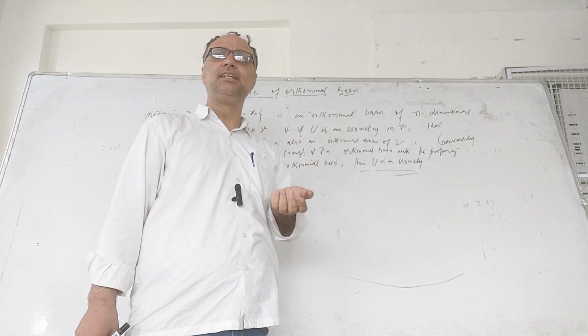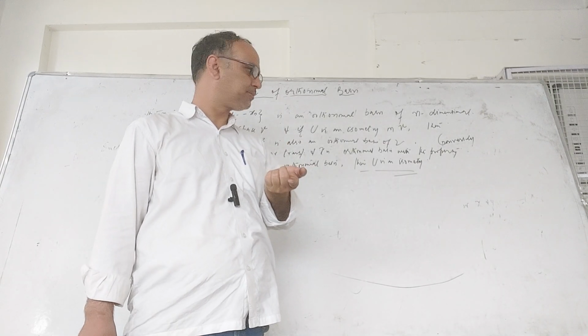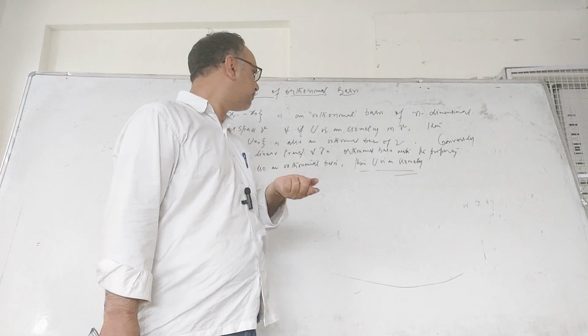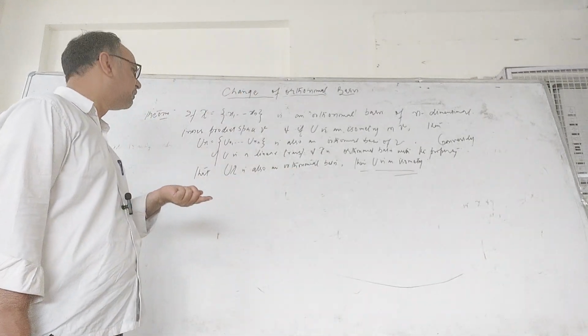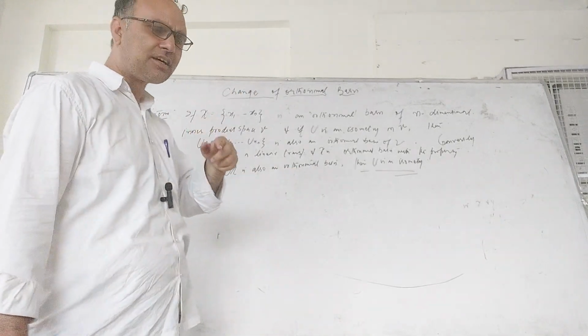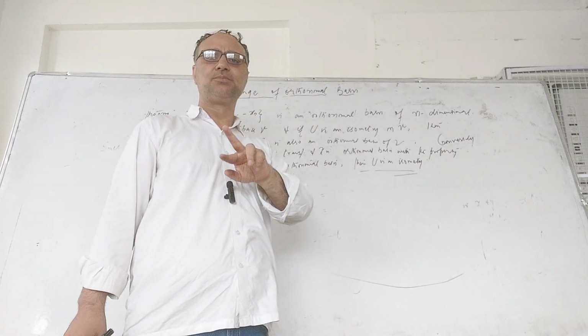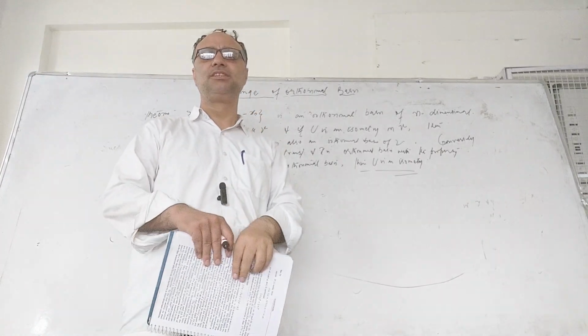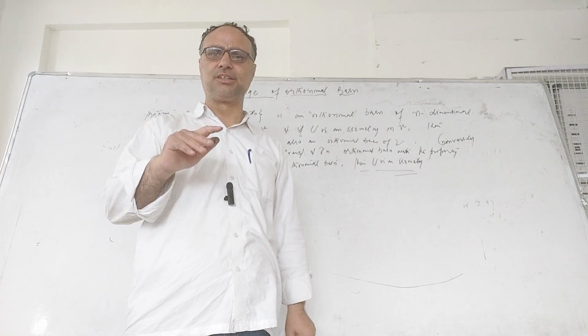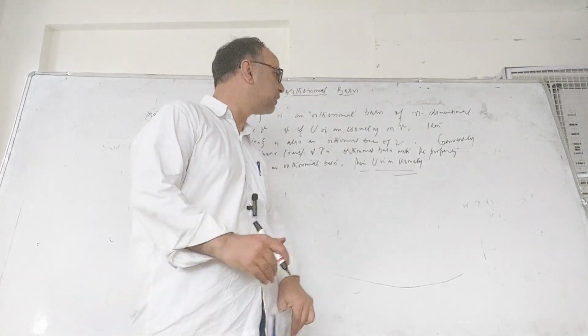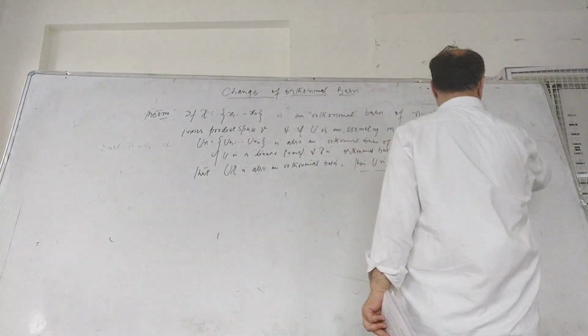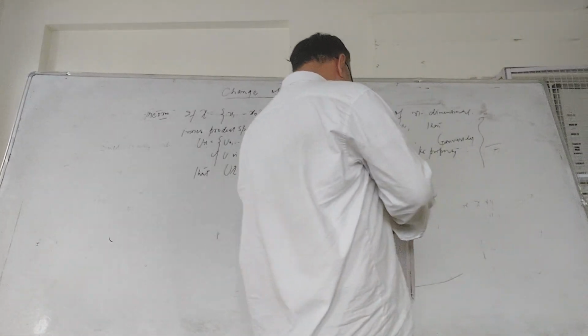And conversely, if there are two finite dimensional vector spaces, both of them orthonormal, this means they should preserve isometry. So this is the statement of the theorem.